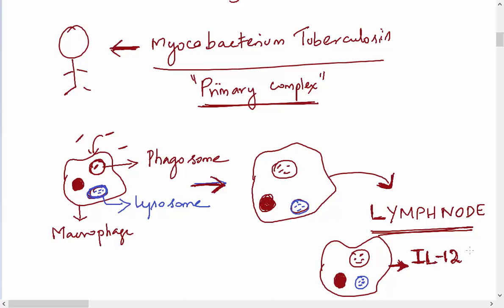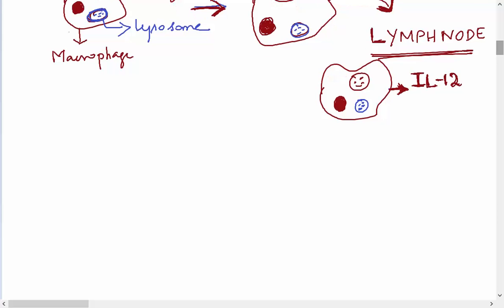They have a receptor here, and they also express some part of the tubercle antigen, which attaches to the T cell receptor.